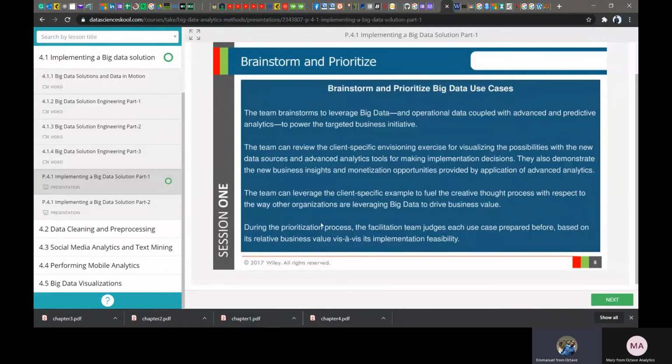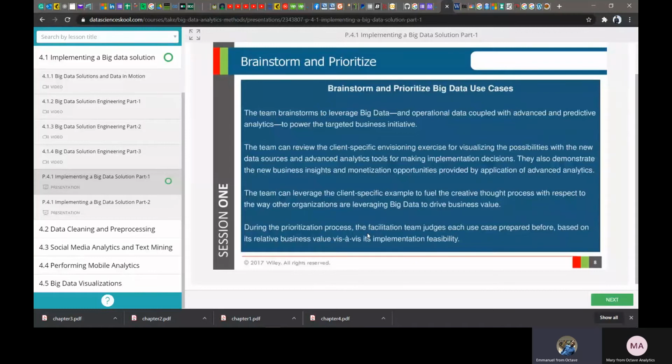Now, during this prioritization process, the facilitation team judges each use case prepared before based on its relative business value vis-a-vis its implementation feasibility. So these use cases are prioritized using the business value and the implementation feasibility.